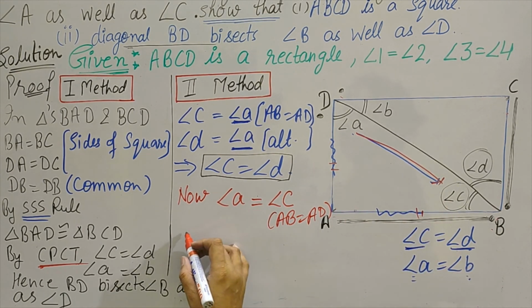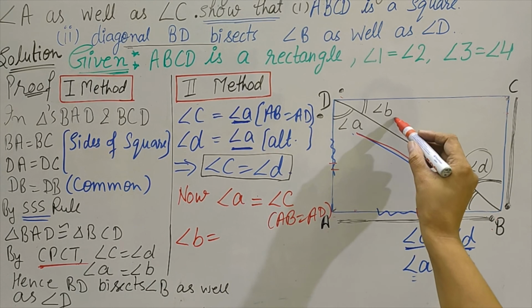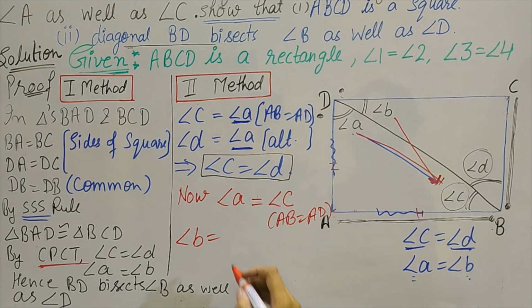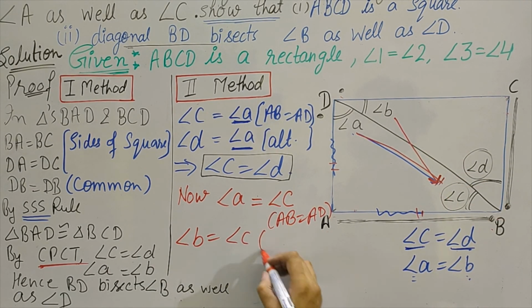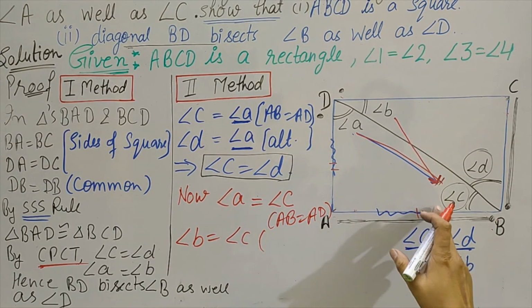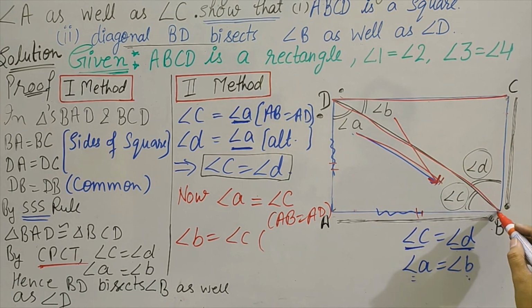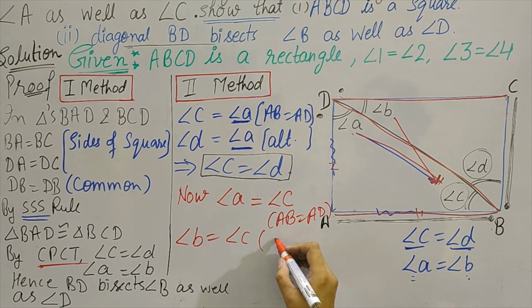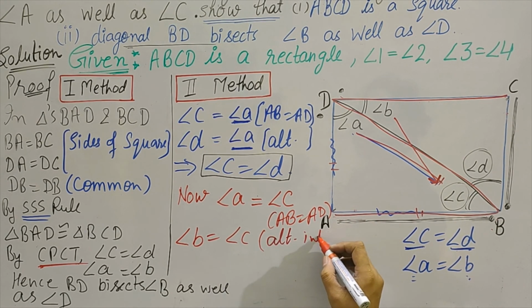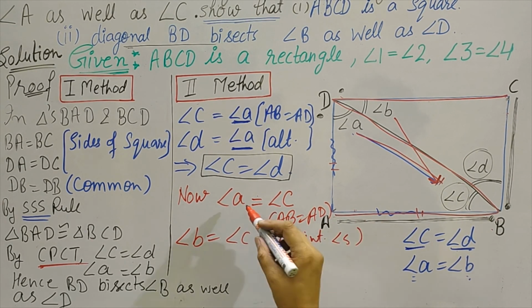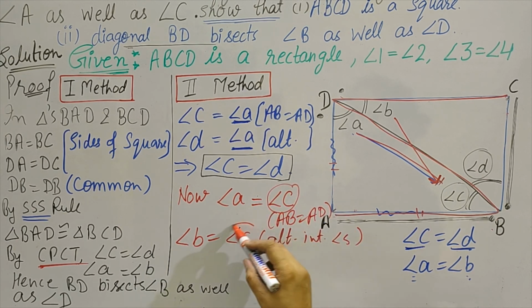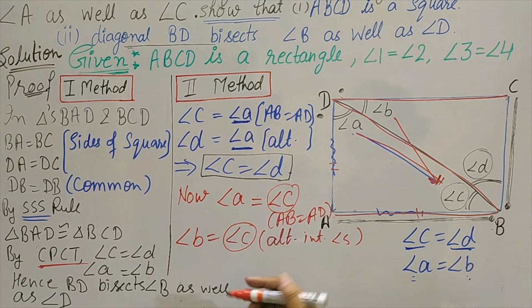And secondly, angle B, what would you want to write it equal to? Equal to angle C. And the reason, logics should be correct. Angle B is equal to angle C because can you see a Z is forming here? B and C are alternate interior angles. So by this, angle A is equal to angle C. Angle B is also equal to angle C. So what can we conclude from these two equations?